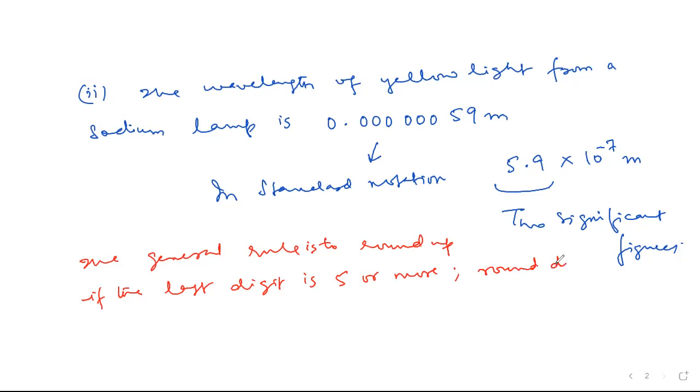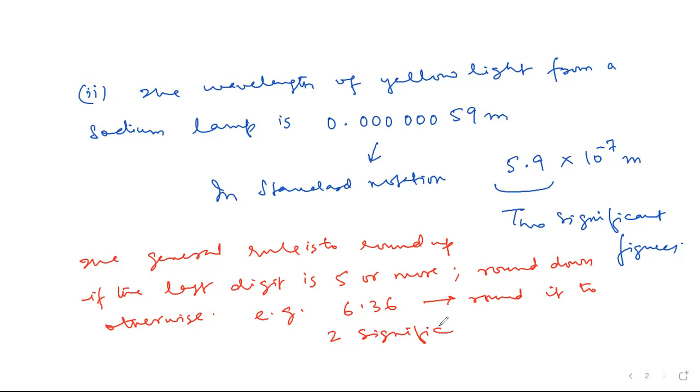Round down otherwise. For example, if we have a value of 6.36 and we want to round it to two significant figures, we write it 6.4. Try to understand it.